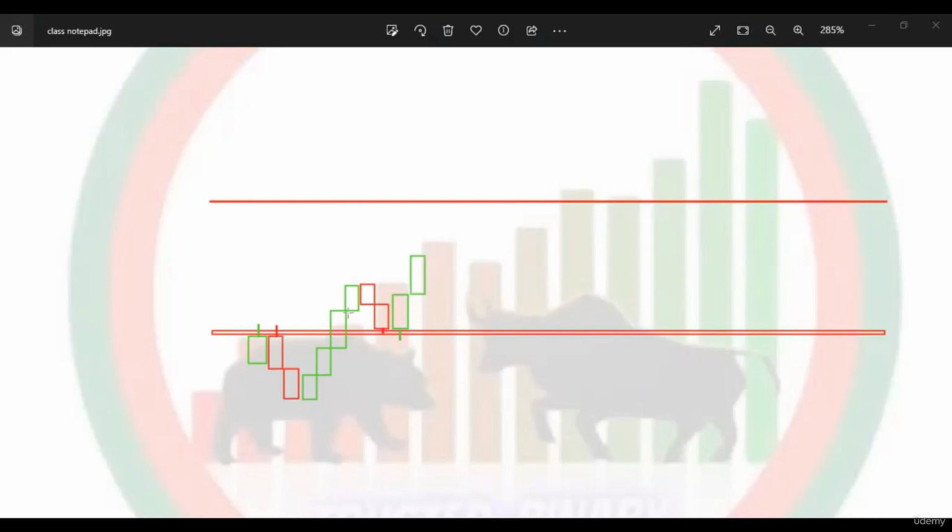So now this is SNR by horizontal line, and this is a normal support or resistance level by horizontal line.